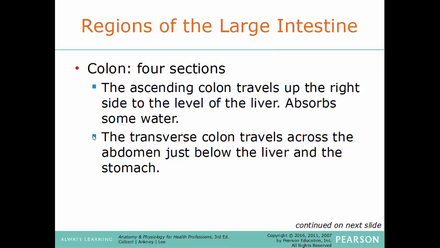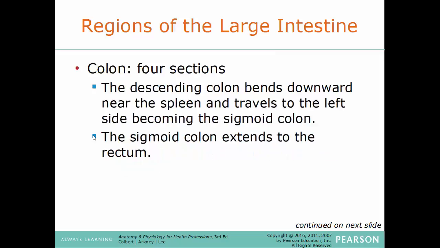Then it will go across your body in the transverse colon. Then from there it will bend back down again, forming the descending colon. So it will go down near the spleen and then travel down your left-hand side. And then you have the sigmoid colon, which will extend to the rectum. The sigmoid colon forms an S shape.